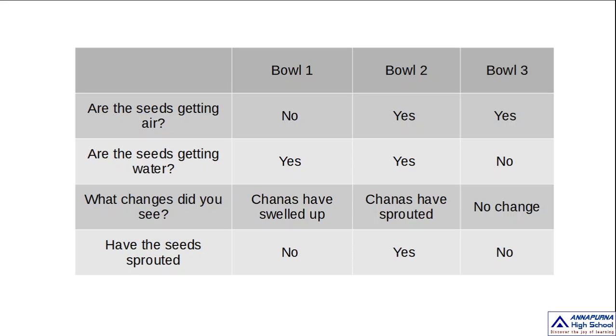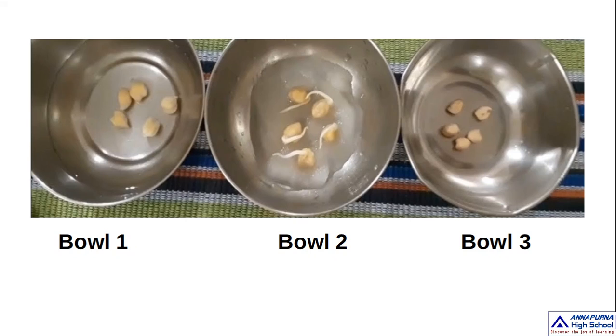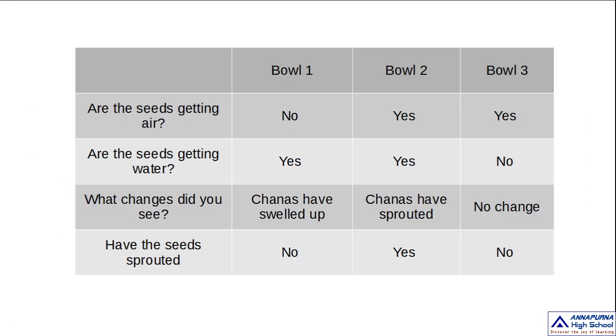What happened in the second bowl? Chanas have sprouted. Sprouted means molakalu. What happened in the third bowl? Here we couldn't observe any change. That is the answer, there is no change.